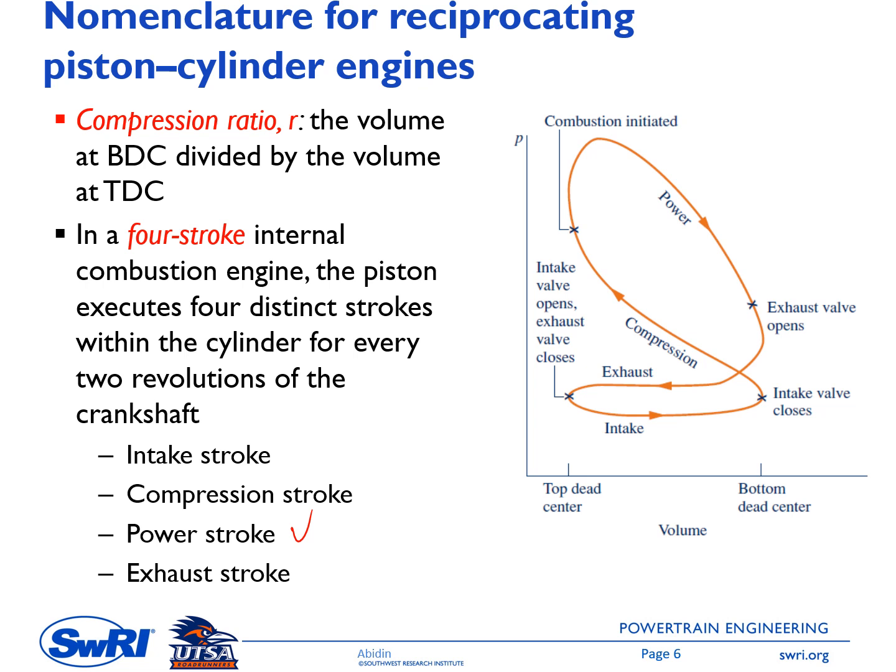So on the right side here is the PV diagram for a process inside an internal combustion engine with a 4-stroke. So we have the intake stroke. Let me put a number here. It starts from this point.